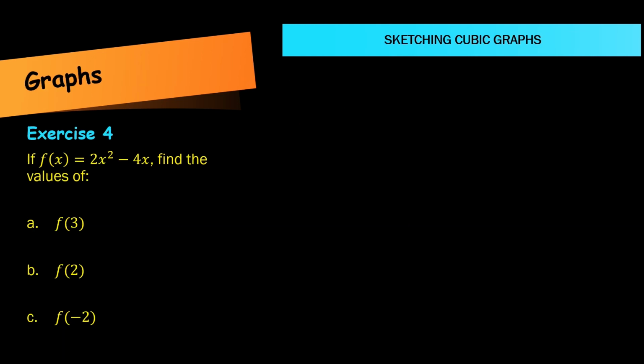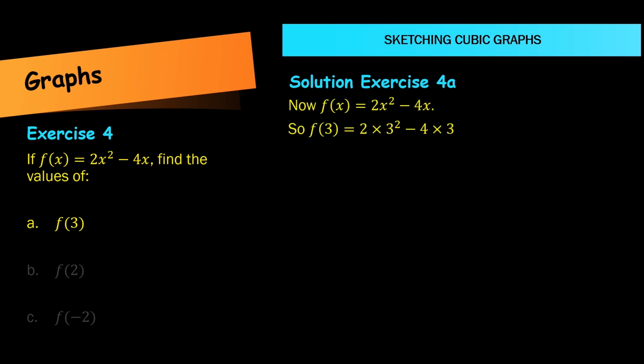And finally, for exercise 4, we have that if f of x equals 2x squared minus 4x, find the values of f of 3, f of 2, and f of minus 2. So this is simply an exercise in plugging in values of x. So if we solve exercise 4a, we plug in x equals 3 into the equation, as shown here, to give us that f of 3 equals 6.